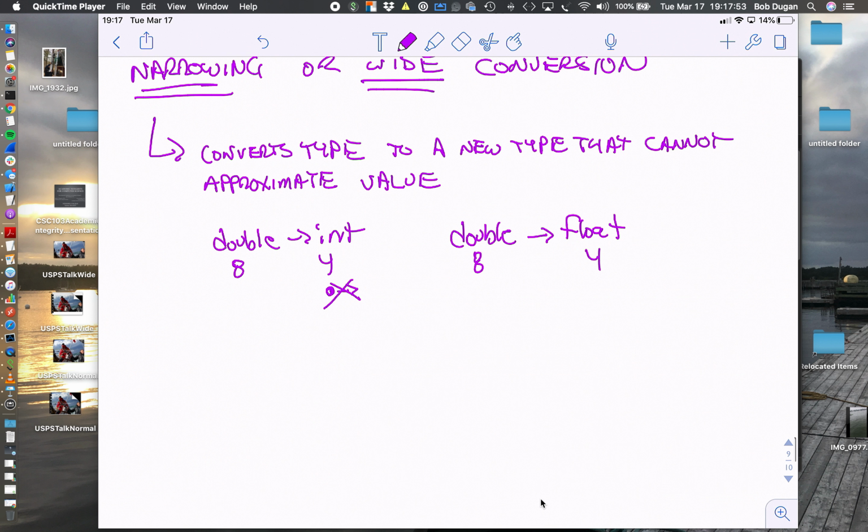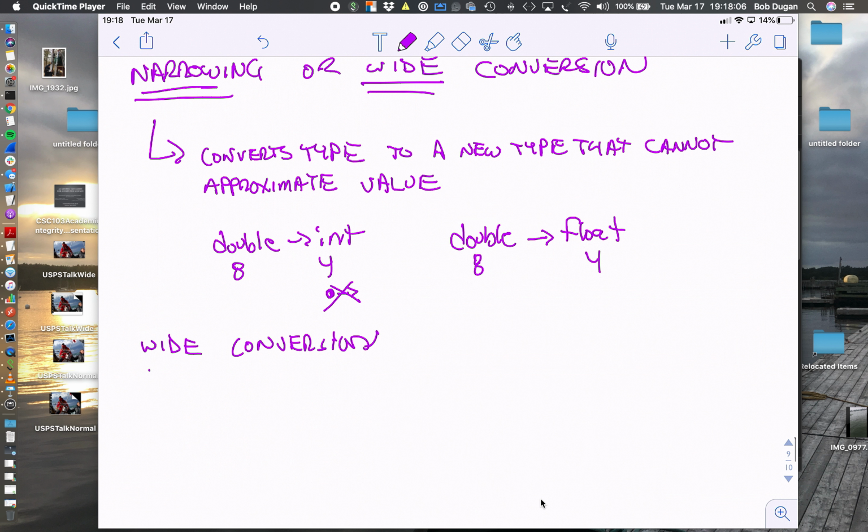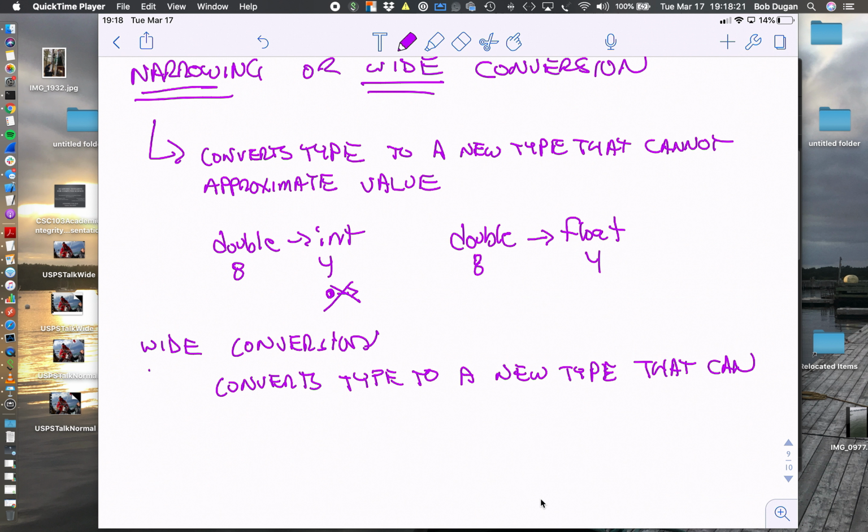All right, let's talk about wide conversion. All right, so this is where we're converting a type to a new type that can approximate a value.